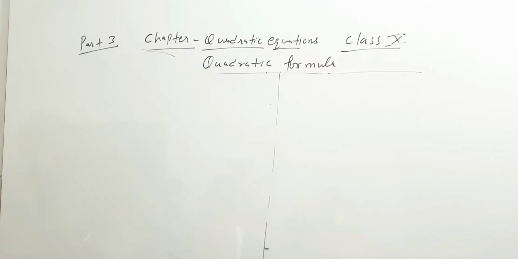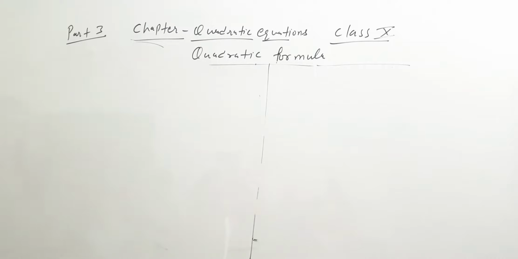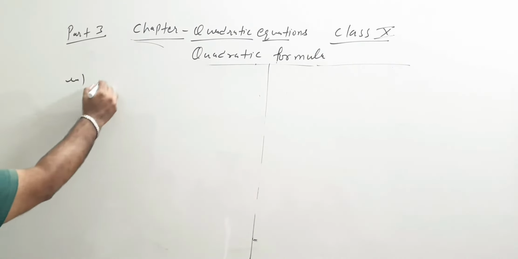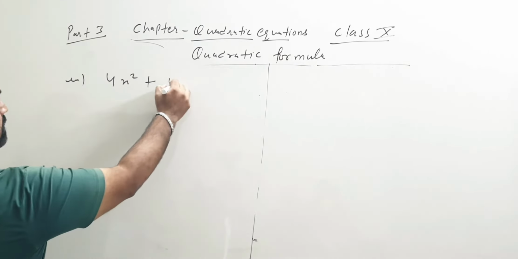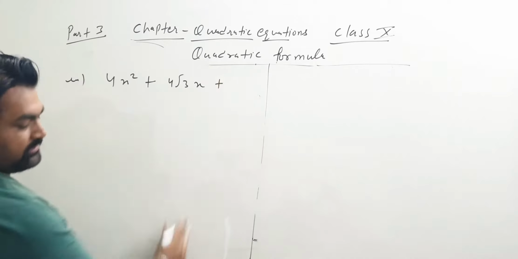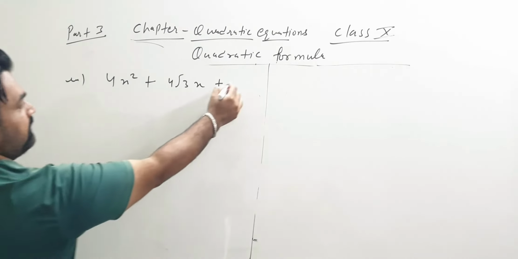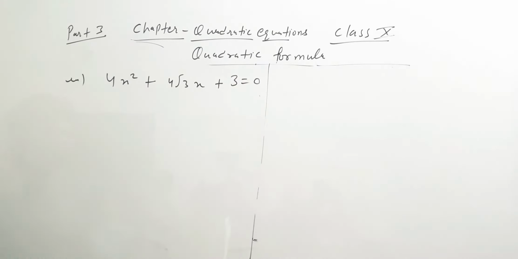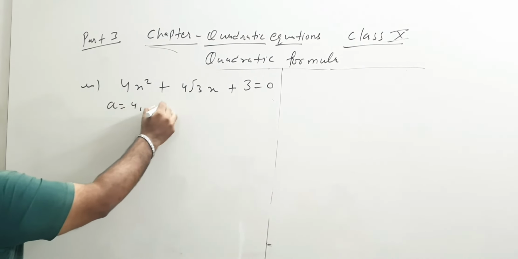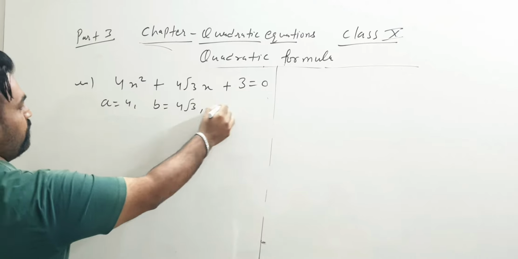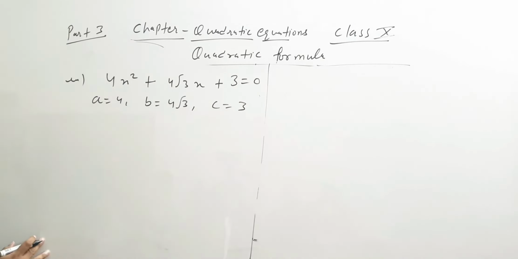So the third part is 4x square plus 4 root 3x plus 3 equals to 0. So a equals to 4, b equals to 4 root 3, c equals to 3.